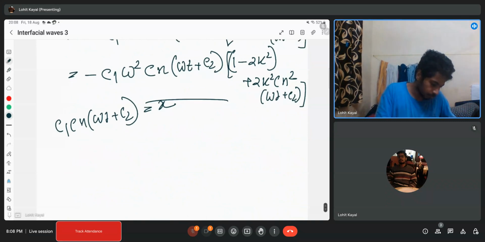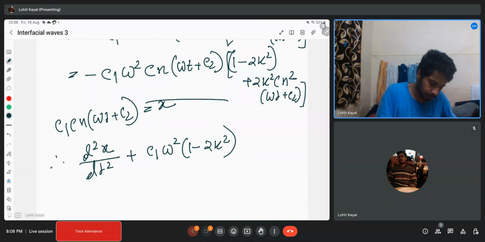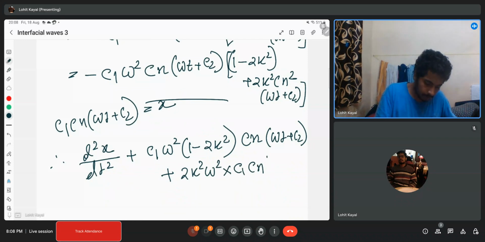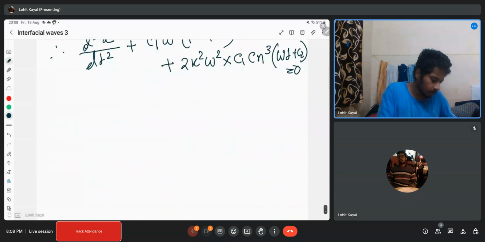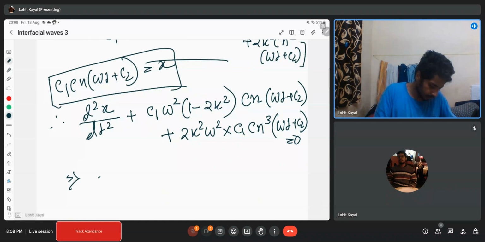So d²x/dt² plus c1 ω² times (1 minus 2k²) cn(ωt + c2) plus 2k² ω² into c1 cn³(ωt + c2) equal to 0.